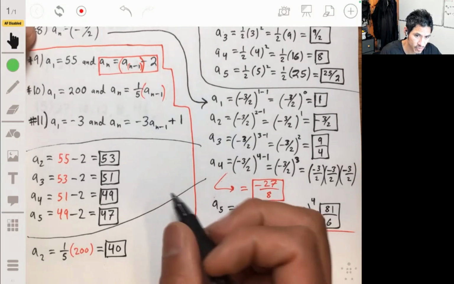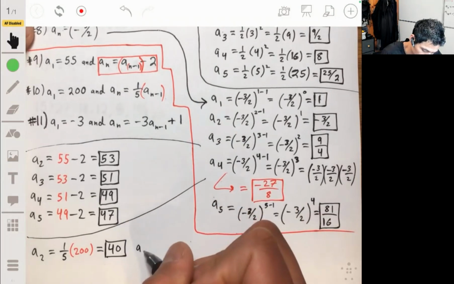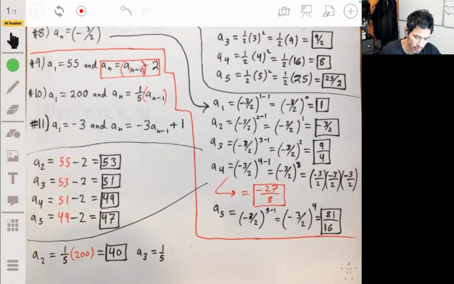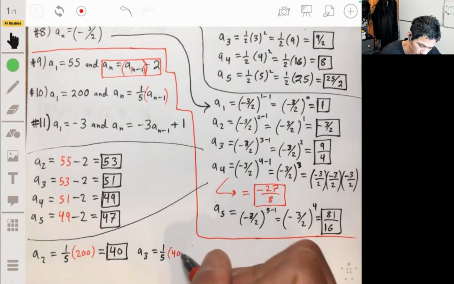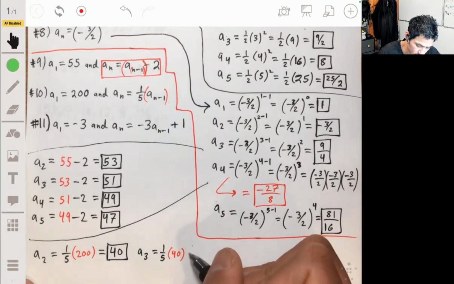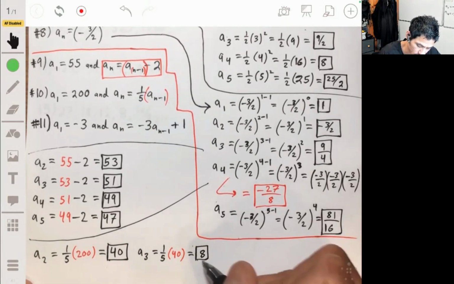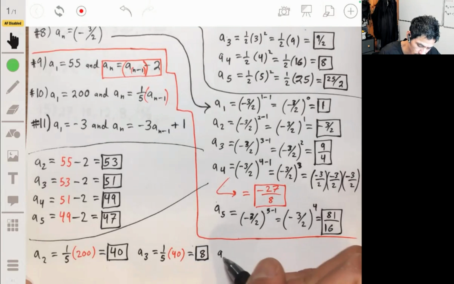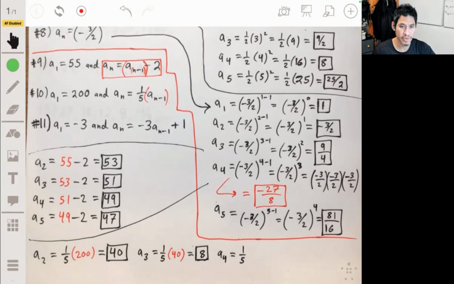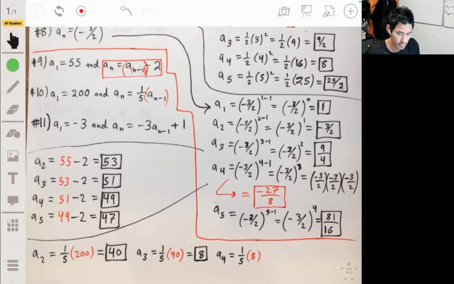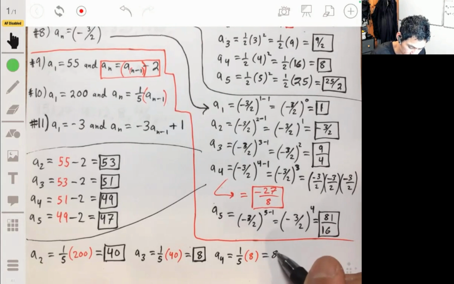Then to find A3, we're going to multiply A2, or 40, by 1/5, and that'll give us 8. To find A4, we multiply A3, or 8, by 1/5, and we get 8/5.